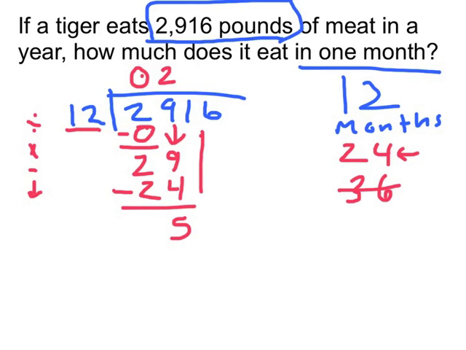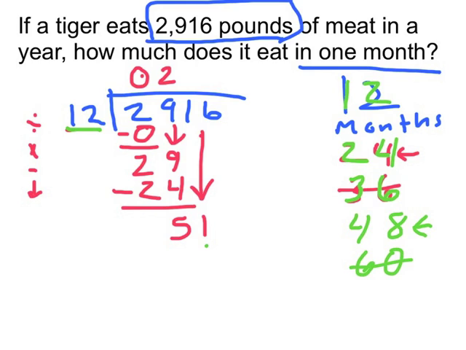Bring down the next number, 1. And we've got to find out how many 12s go into this 51. So we have 12, 24, 36. 36 plus 12 is 48. If we go again, that's going to be 60, but 60 is too big, so we want 4 12s.